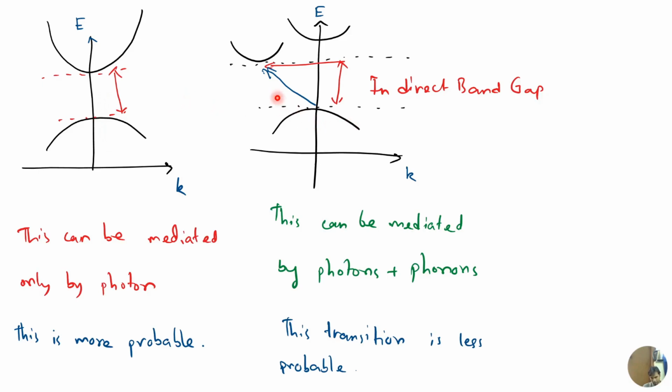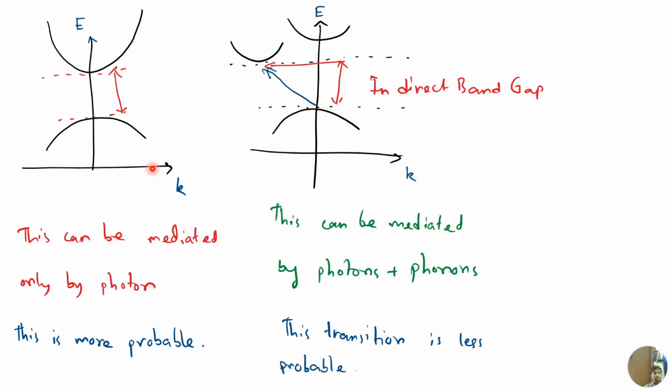But if they are not at the same k vector, for example the minimum of this is not at the same k as the maximum of this, we call these materials indirect band gap.